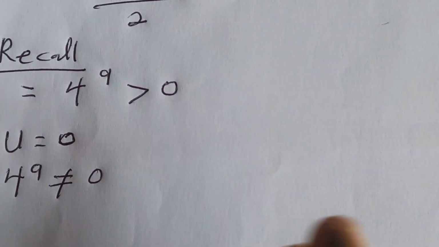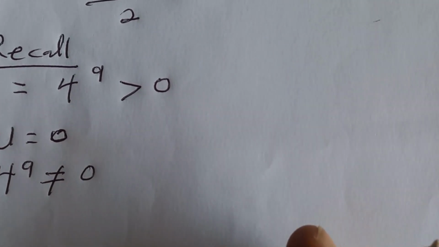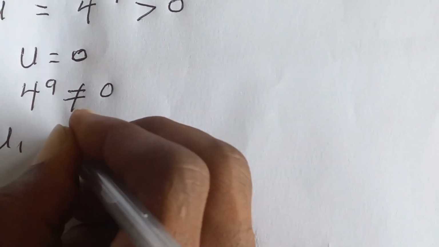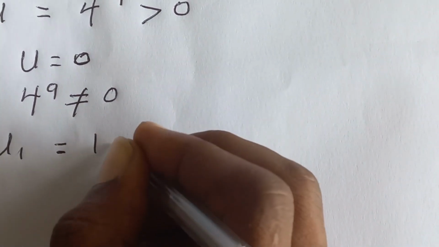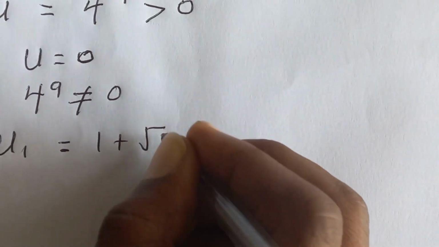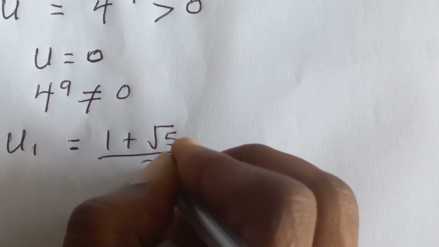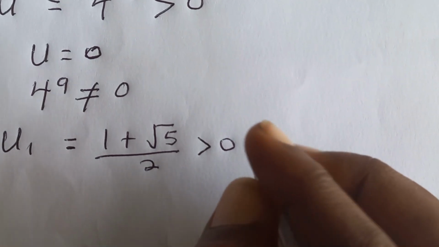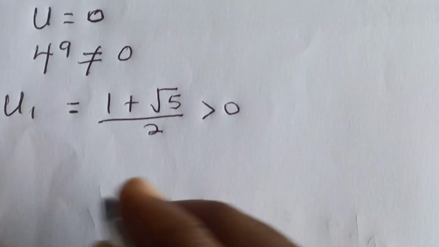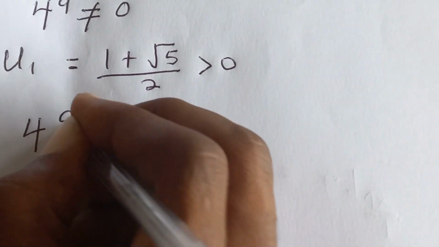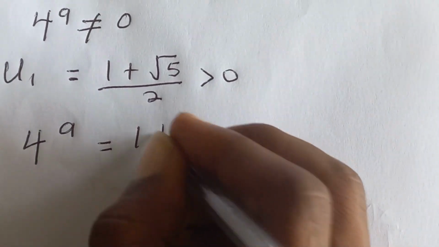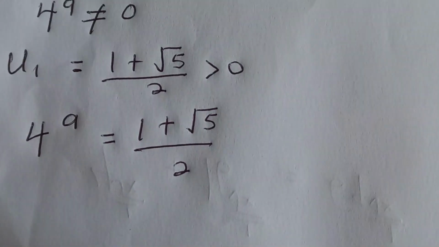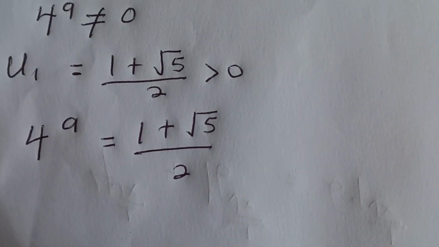Now let's look at u1. So u1 is equal to 1 plus root 5 on 2, and this is greater than 0. So we say that 4 exponent a is equal to 1 plus root of 5 on 2.